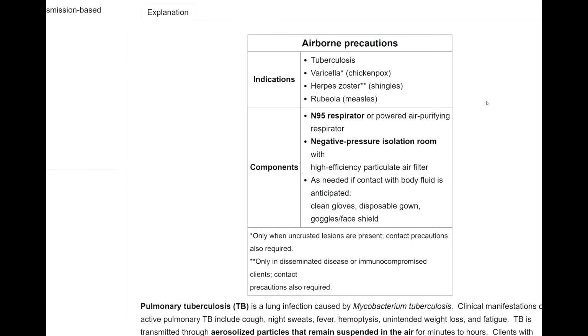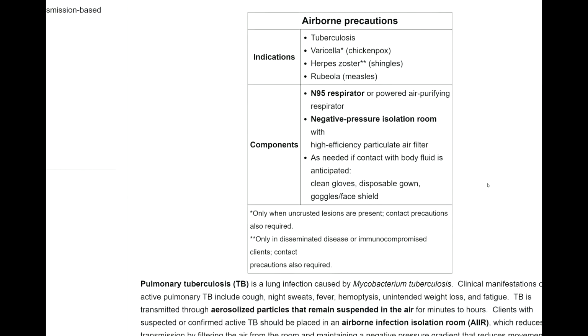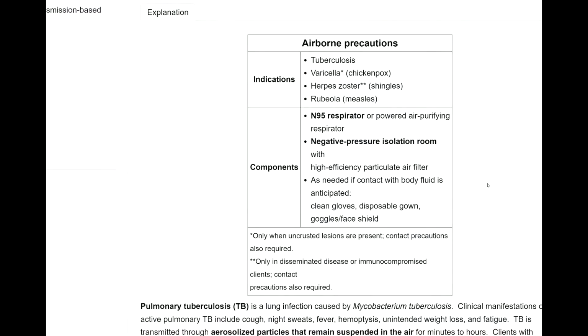So the table shows us the required components of the precautions, which we see here are the N95 respirator, or a powered air purifying respirator if your facility has this, a negative pressure isolation room with a high efficiency particulate air filter, and as needed, emphasis on as needed here, if contact with bodily fluid is anticipated, clean gloves, disposable gown, goggles, face shield.